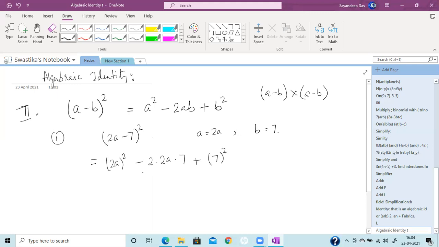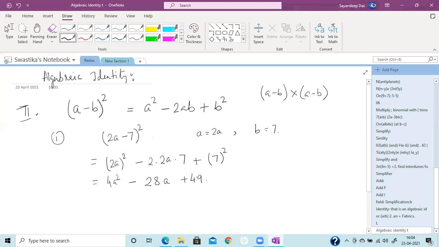So 7 square. Now you see that we have expanded it in the form of a square minus twice a into b plus b square. So what will we get? 2a into 2a is equal to 4a square minus 2 into 2 into 7, that is 28, into a, plus 49.